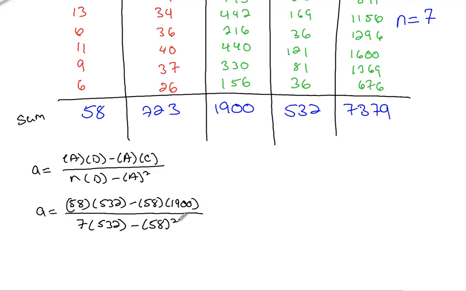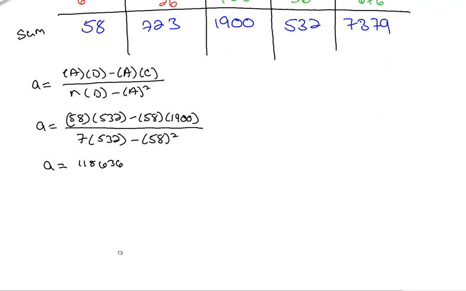Okay? And I'm going to do all the multiplication parts first, and then I'll do the subtractions. And so I'm going to get A is equal to 58 times 532 is 118,636. Let me scroll down just a little bit.